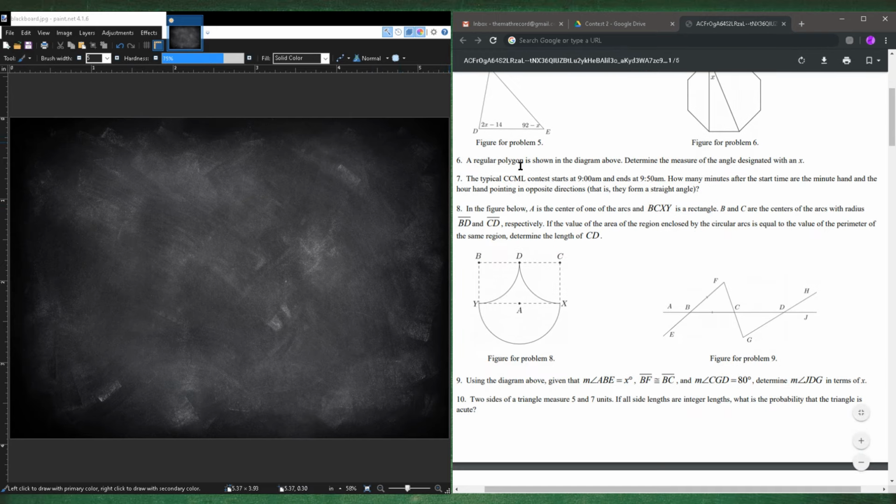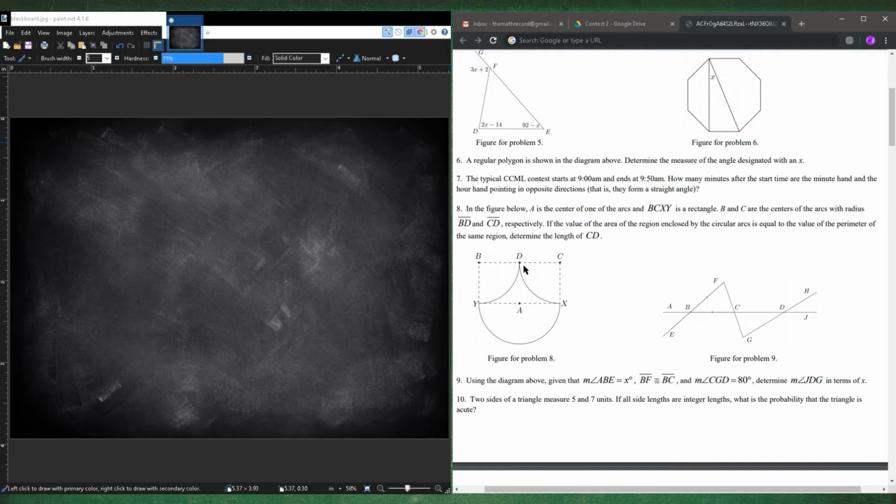Now, okay, number 8. In the figure below, A is the center of one of the arcs, and B, C, X, Y is a rectangle. B and C are centers of an arc with radius BD and CD, respectively. If the value of the area of the region enclosed by the circular arcs is equal to the value of the perimeter of the same region, determine the length of CD.